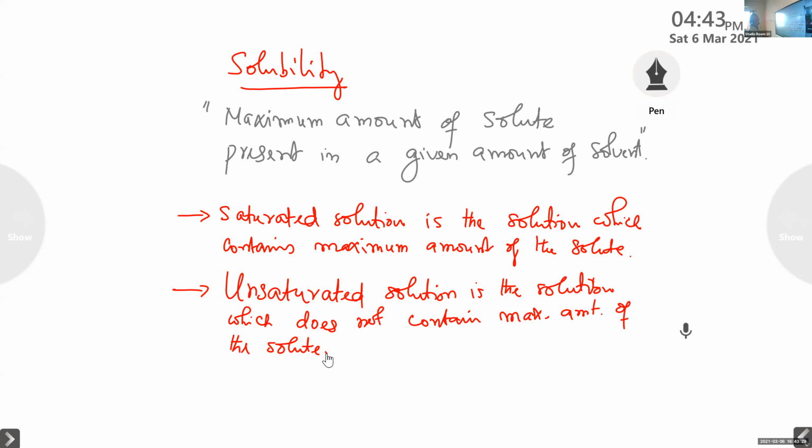So how can you identify between a saturated solution and an unsaturated solution? That may be the question. Say you are given a solution and an additional amount of solute is added. The solute remains undissolved. What is the type of the solution? Multiple choice. A, saturated.